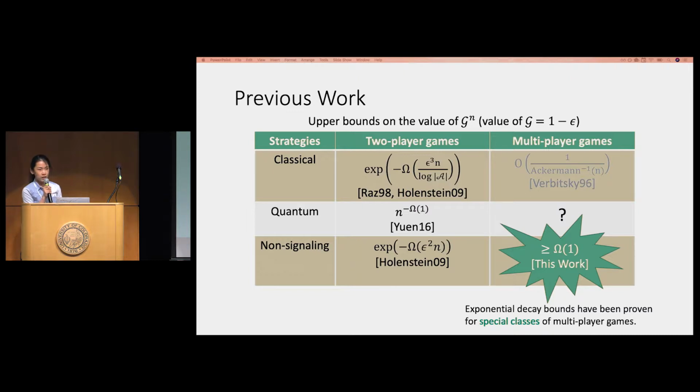So no matter how many times you repeat the game, there will be a non-signaling strategy that wins with some constant probability. And this is quite surprising because at least in the quantum and classical cases, which have been quite well studied for some time, researchers do believe that there should be some kind of parallel repetition bound.